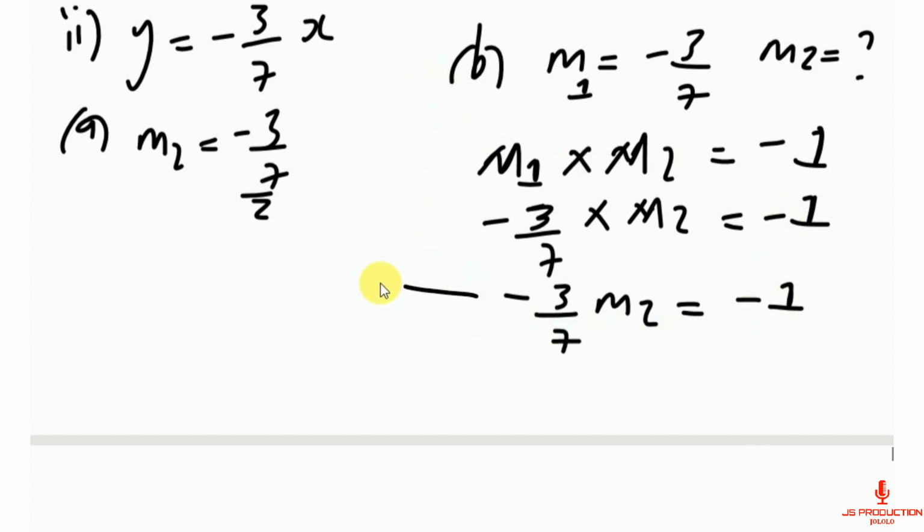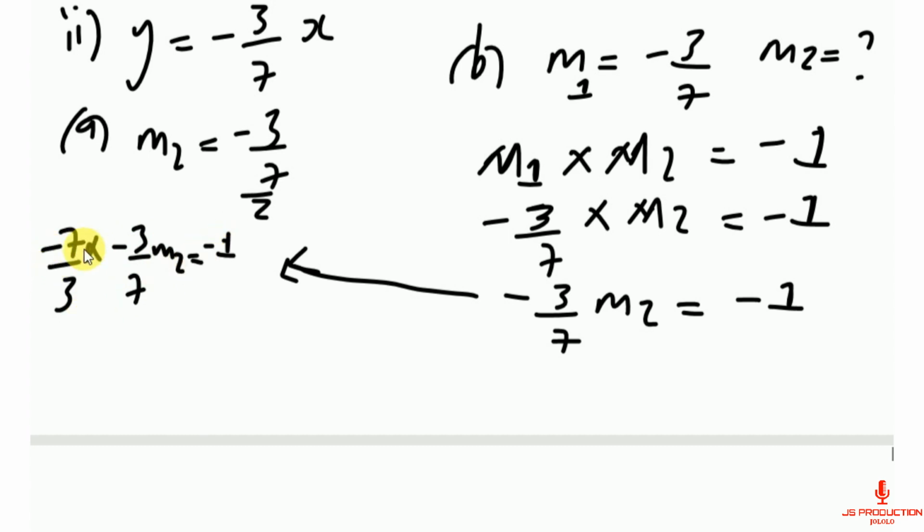For us to find the value of M2, we're going to multiply both sides of the equation by negative 7 over 3. So negative 7 over 3 multiplied by negative 3 over 7 M2 is equal to negative 1.